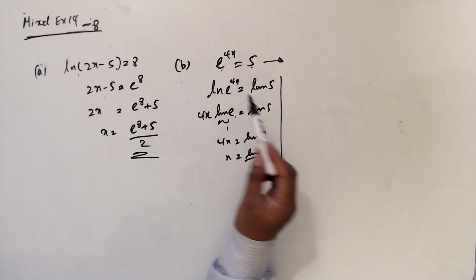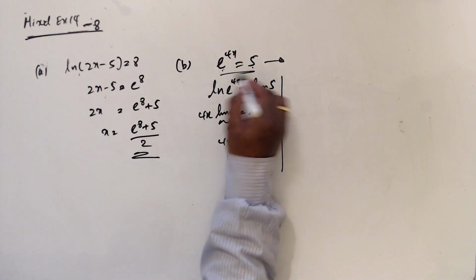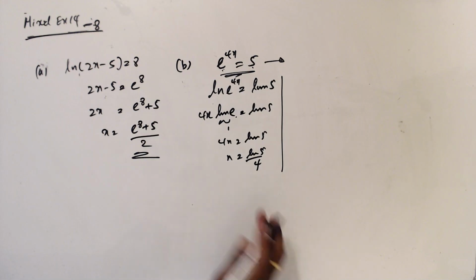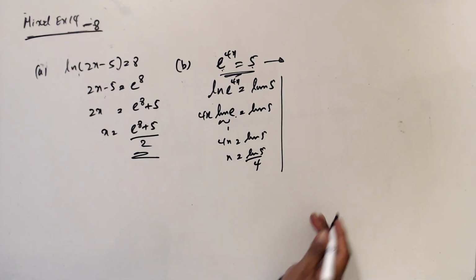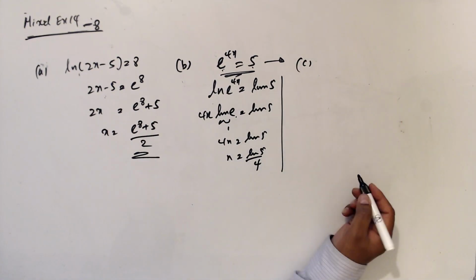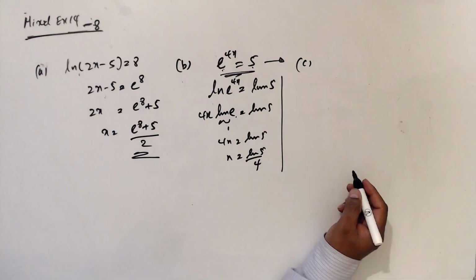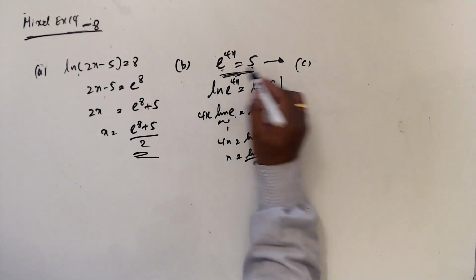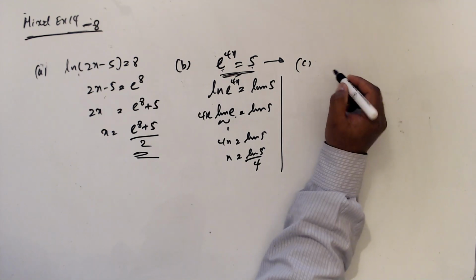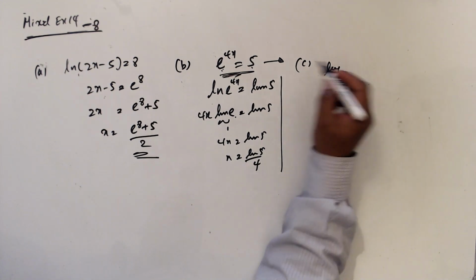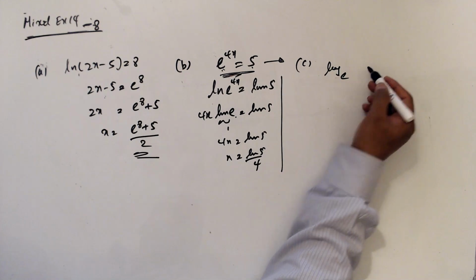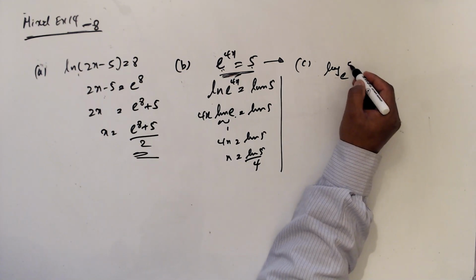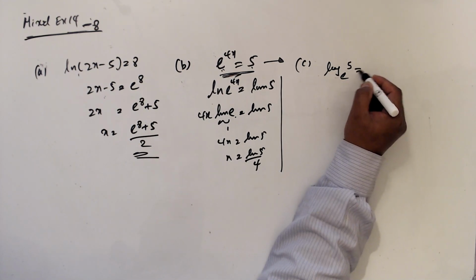Actually, I apply the same thing to this one. So this is right now. So actually, this is the one I want. So apply log here. So log e base 5 equal 4x.